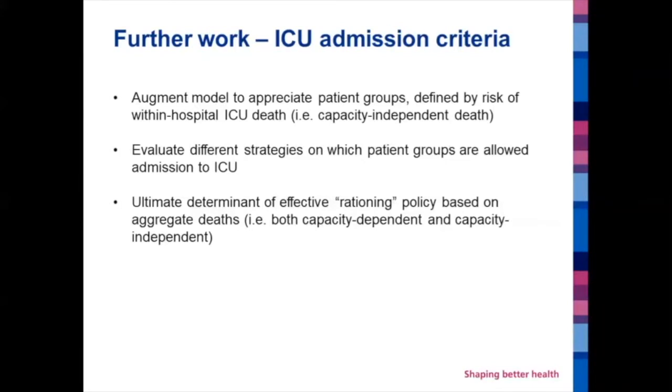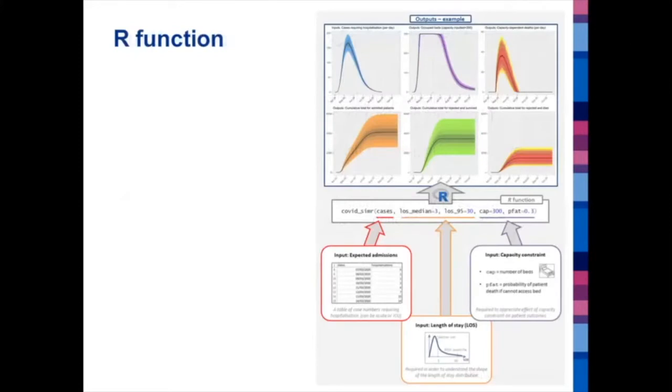So the R function then is just a very simple function here, which takes in about 4 or 5 arguments. Basically there's 3 main inputs to this. As before, the expected admissions, such as a table of daily demand, whether this is acute or ICU demand, the length of stay, again, whether it's acute or ICU, and then the capacity constraint in terms of the number of beds and what happens if a bed cannot be found for a patient that needs it.